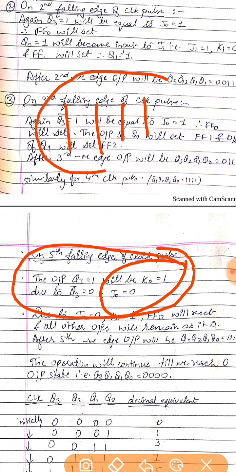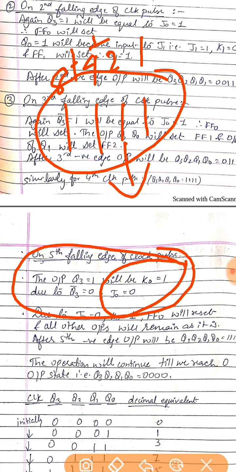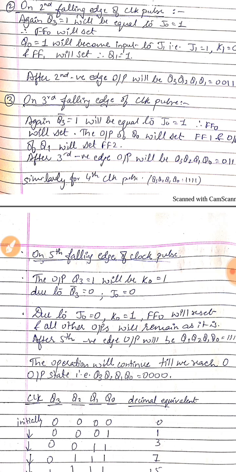That is represented in binary, and the decimal equivalent of it would be 1, 2, 4, 8. 8 plus 4 plus 2 plus 1, that is 15. Okay, so this is how it will be.